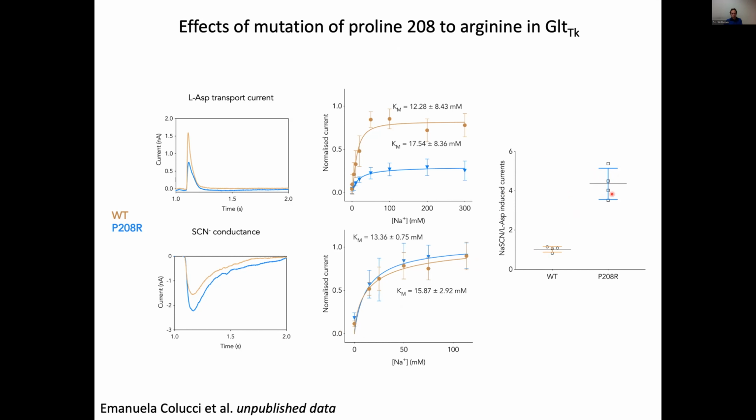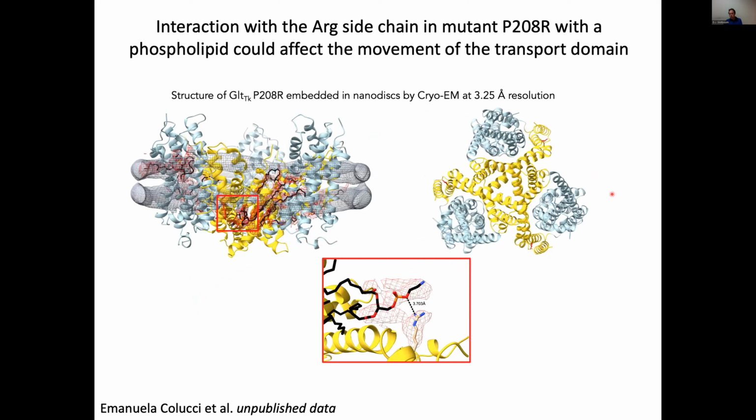Now, having found that indeed this mutant had a similar effect, we then moved on to single particle cryo-EM, and we solved a structure in lipid nanodisc of this mutant. And disappointingly, it didn't look any different from the wild-type protein or other mutants that we had determined structures of in the past.